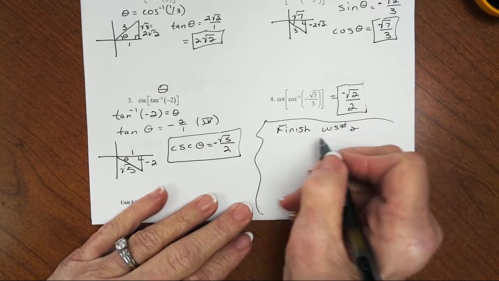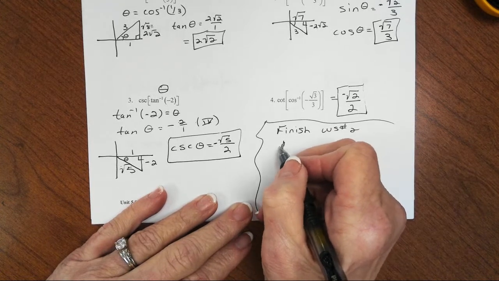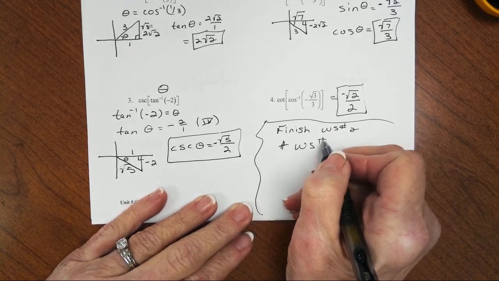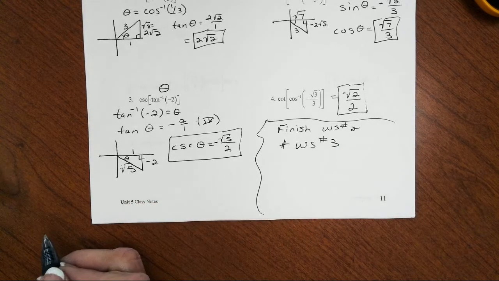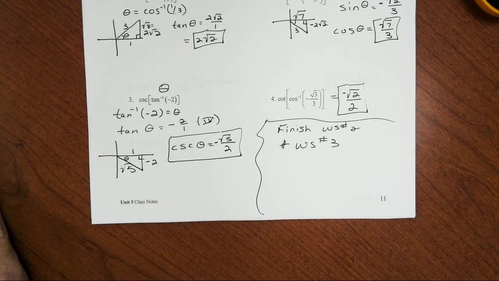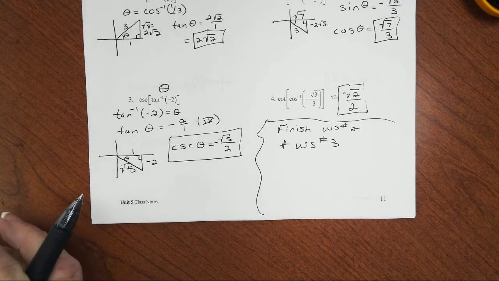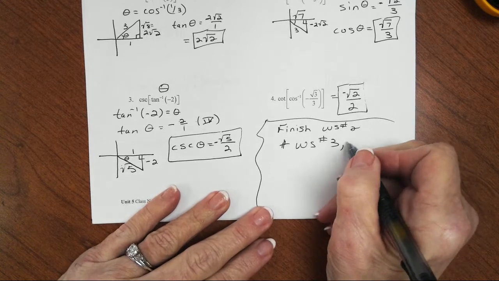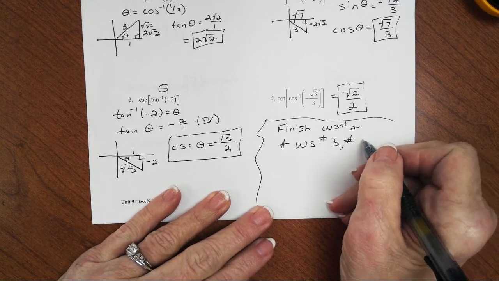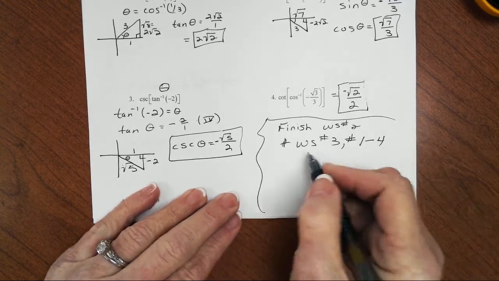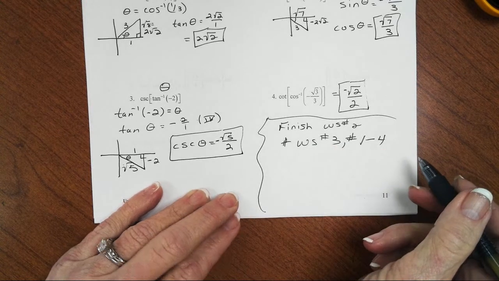So you finish worksheet number 2, and then you're also going to do worksheet number 3. You won't do them all, but you're going to do 1 through 4. That's it. We'll finish that after the holidays.